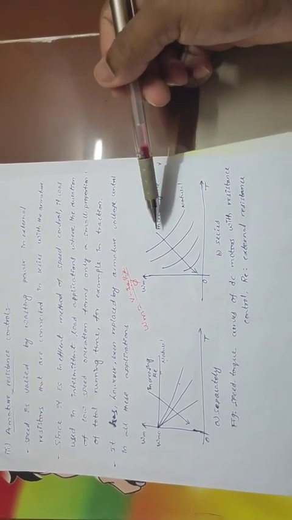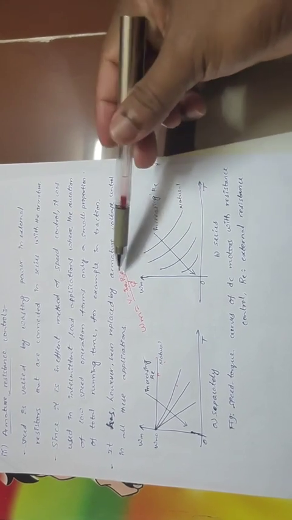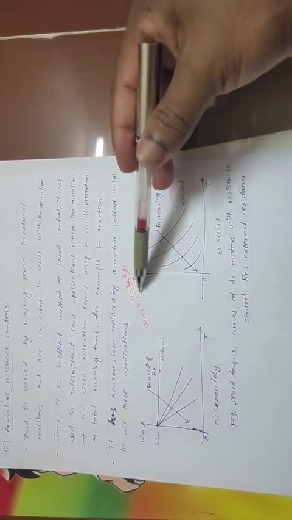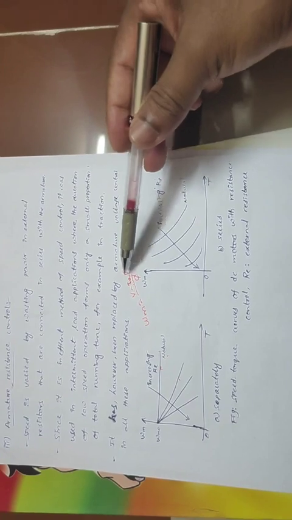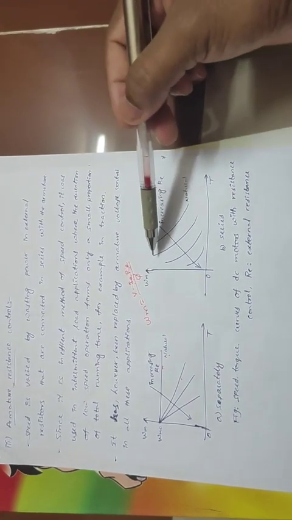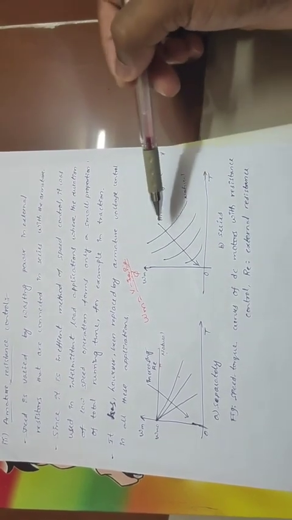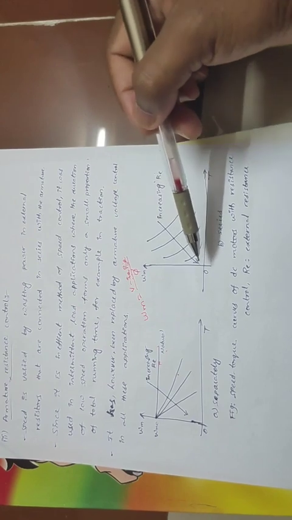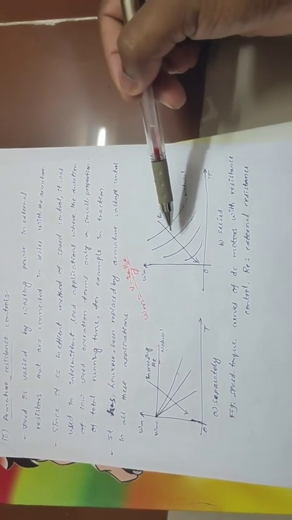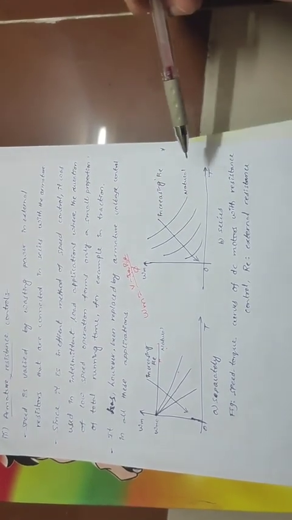But as you increase the armature resistance, your numerator will decrease, because omega m will decrease, and that will shift the characteristics downward. In this way the characteristics will shift.